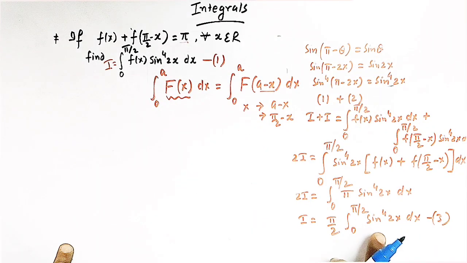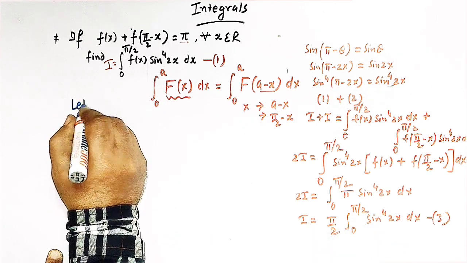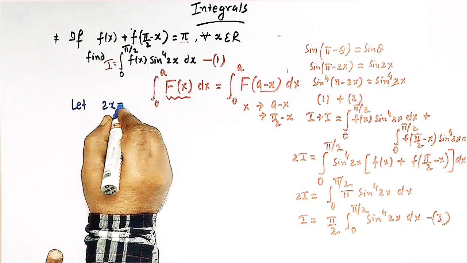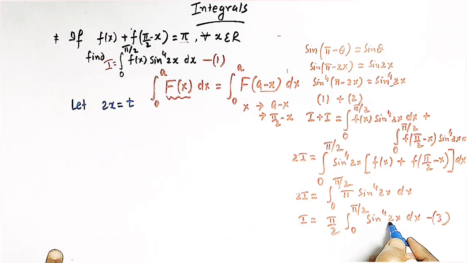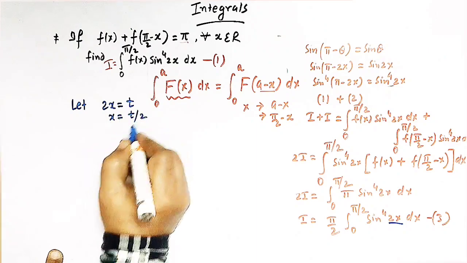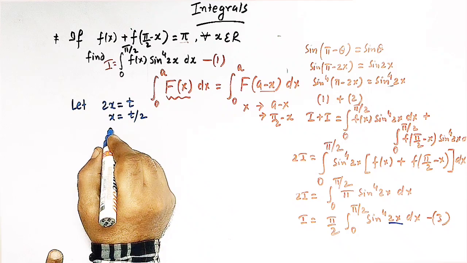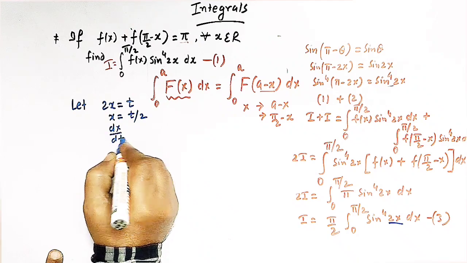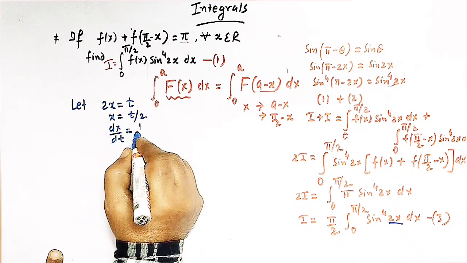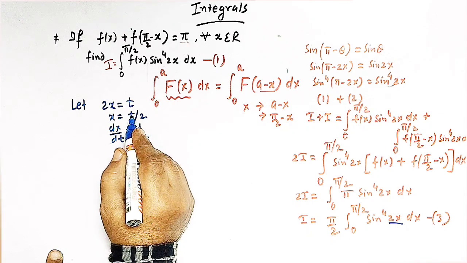So now let us make use of the method of substitution to solve this integral, and let us take 2x is equal to t, right? So we can now write x is equal to t over 2, and if we differentiate x with respect to t, we have dx over dt is equal to simply half, because the derivative of t with respect to t is 1.